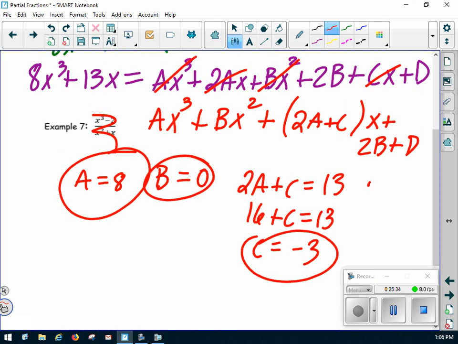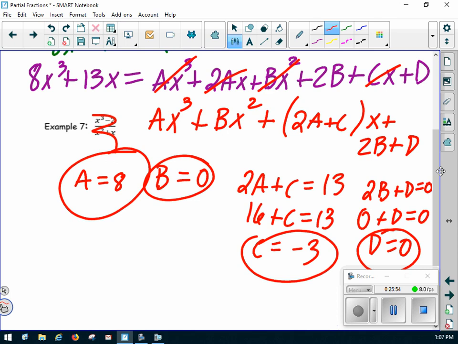And what is 2b plus d? 0, because there's not a constant on the right. But we already know that b is 0. So what does d have to equal? Because b is the coefficient of x squared. Okay.